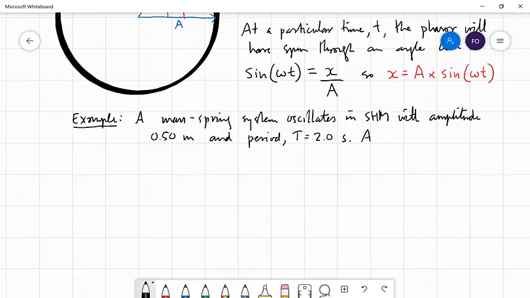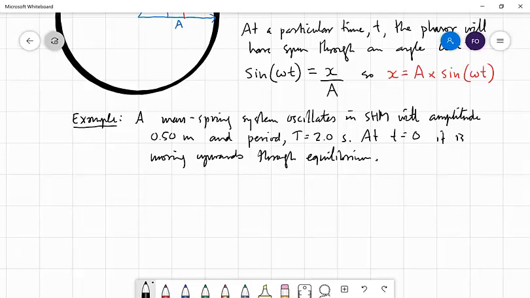At time equals 0, it is moving upwards through equilibrium. Where will it be 0.3 seconds later?